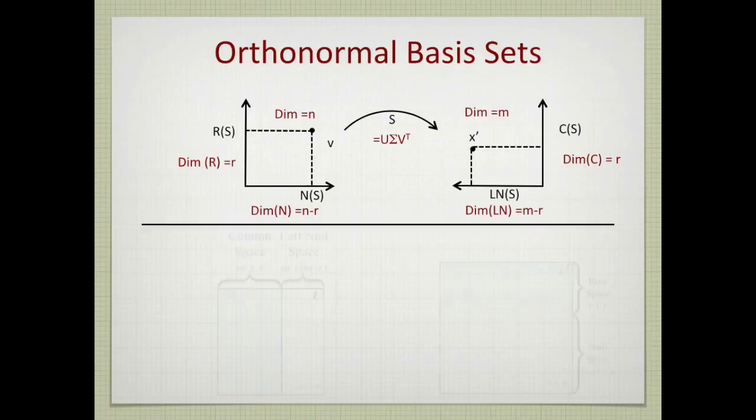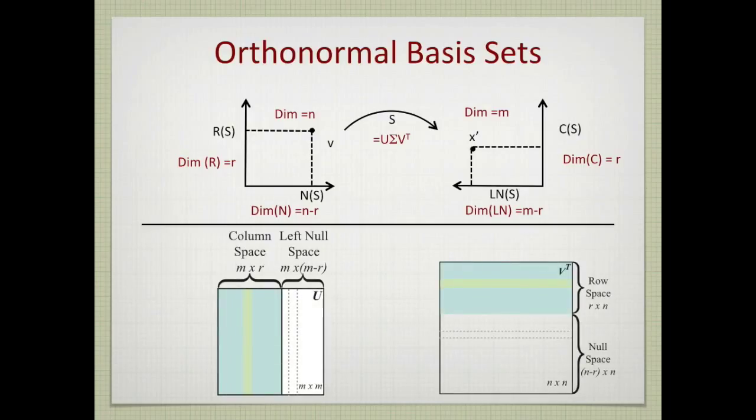Now it turns out that the matrices U and V, or V transpose as it's shown there, give us a set of orthonormal basis vectors for these spaces. The first R columns of the matrix U give us an orthonormal set of basis vectors for the column space. The rest of them, m minus R, is similarly a set of orthonormal basis vectors for the left null space.